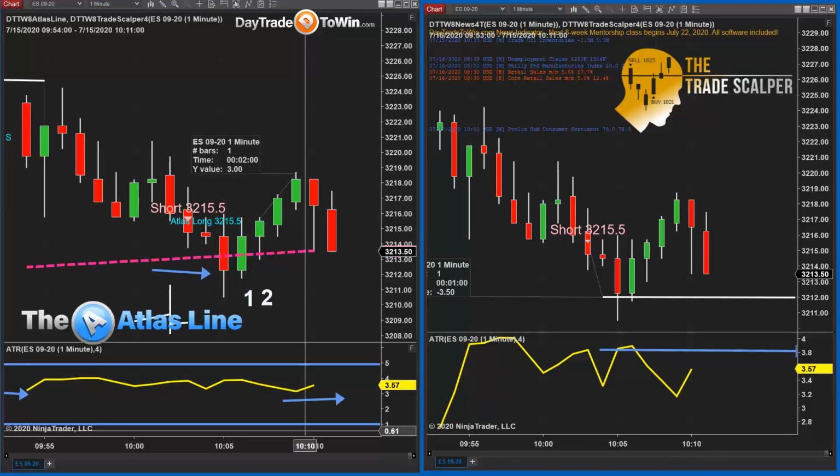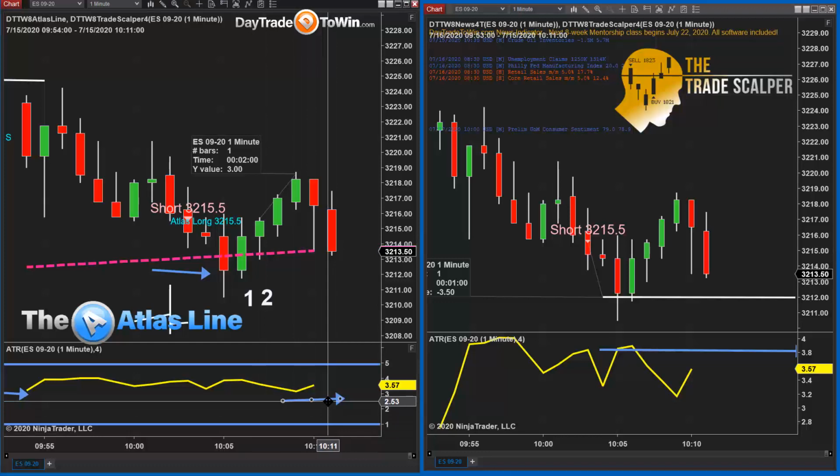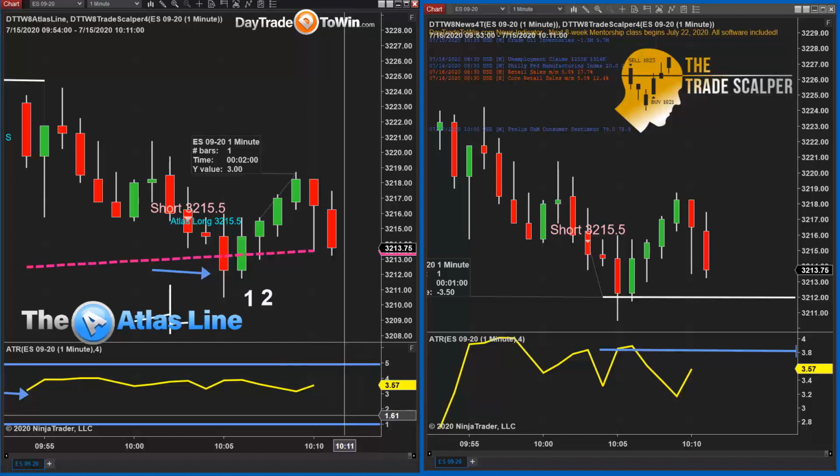Most traders prefer to know what conditions exist, and they can tell right away whether or not they should be taking the trade. If this is too much volatility for you and the stop is too large, I already know it, and I'll stay out of the trade.